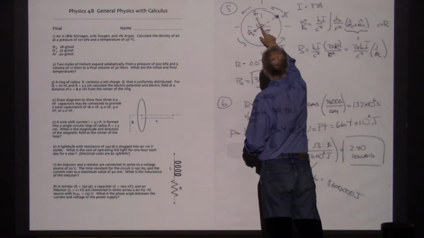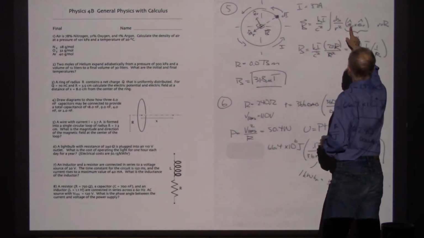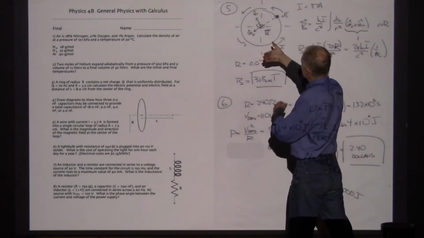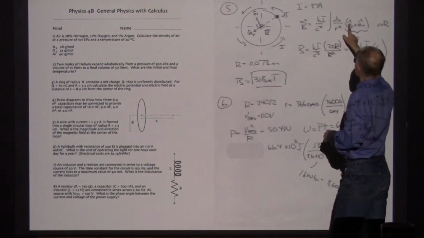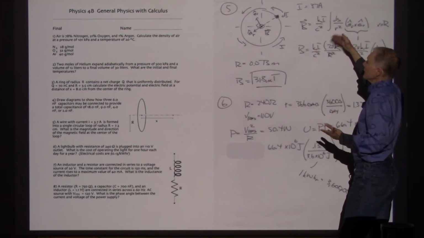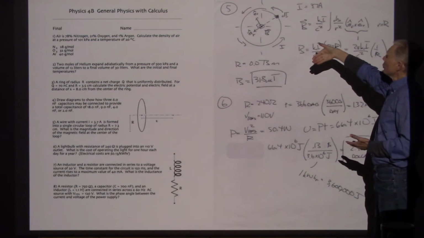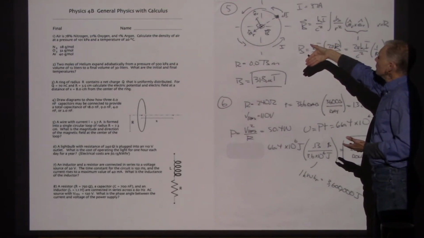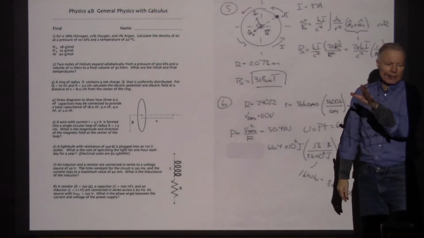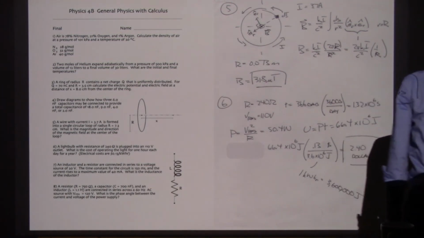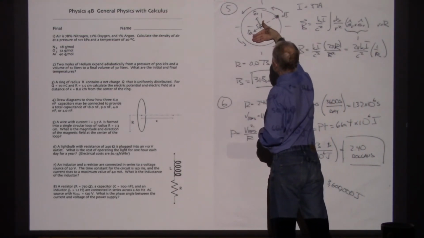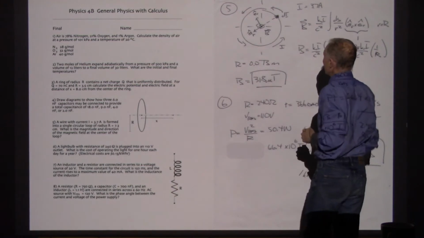But let's get the direction. The direction for the magnetic field is the direction of the unit vector V cross unit vector R. So I'll put my thumb in the direction of the first unit vector, which is the velocity, and my fingers in the direction of the radial unit vector, those are ER. And then my palm is facing in the direction of the magnetic field. So it says for current going in this direction, the magnetic field at the center is coming out of the page.